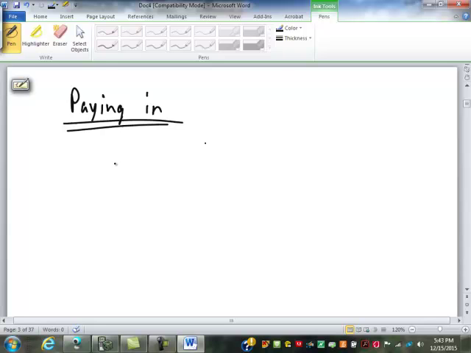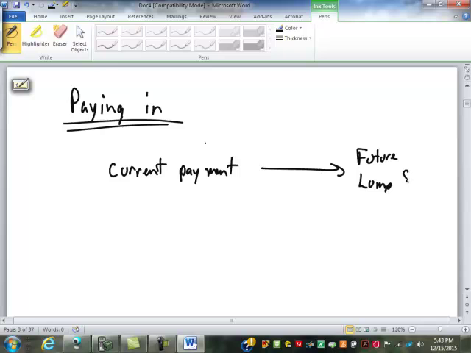So either we know the current payment and we want to figure out what some future lump sum will be, or we know a future lump sum and we want to know what the necessary current payment is.